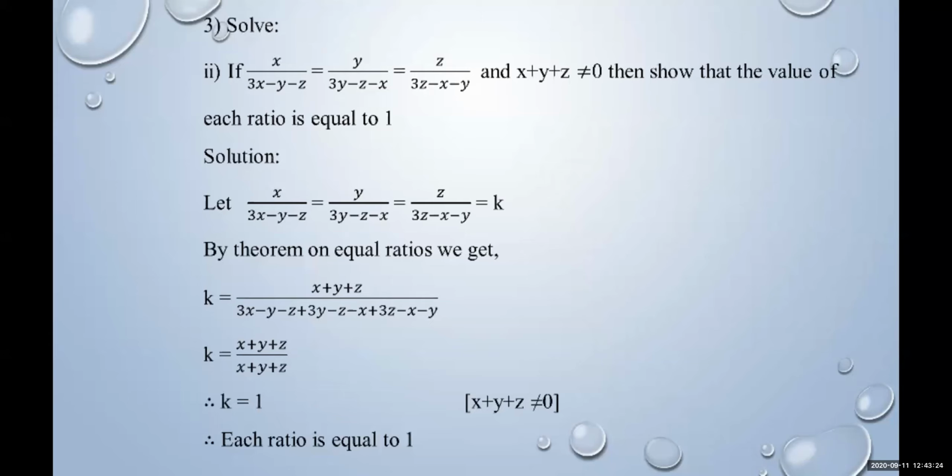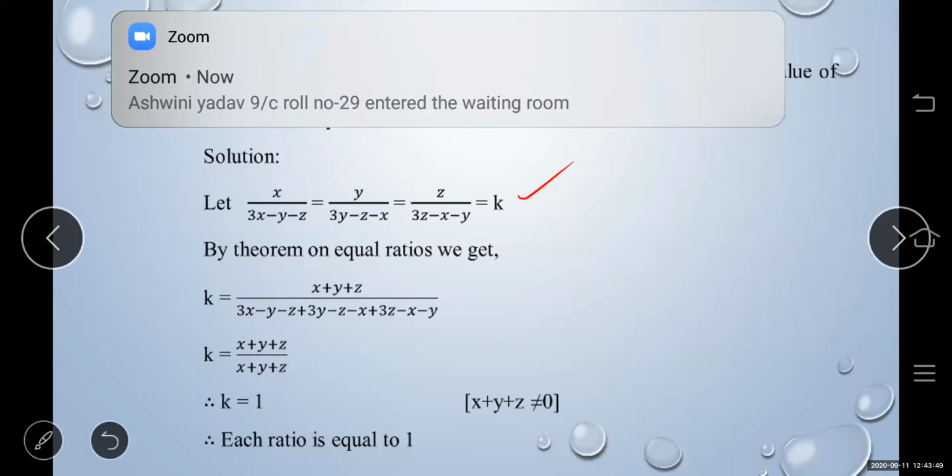So we know that these are equal ratios. They already told that equal ratio. I told you about the theorem. Just consider the equal ratio is equal to k. So by theorem on equal ratio, we can add them, we can subtract them, we can multiply them also.